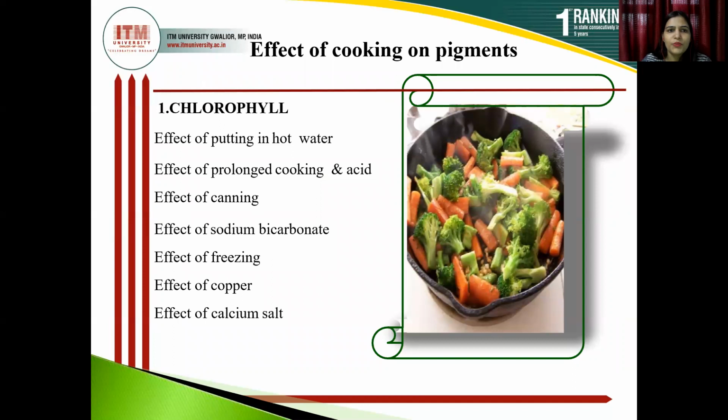Effect of cooking on pigment. So chlorophyll: effect of putting in hot water, effect of prolonged cooking and acid, effect of canning, effect of sodium bicarbonate, effect of freezing, effect of copper, and effect of calcium salt during the cooking.